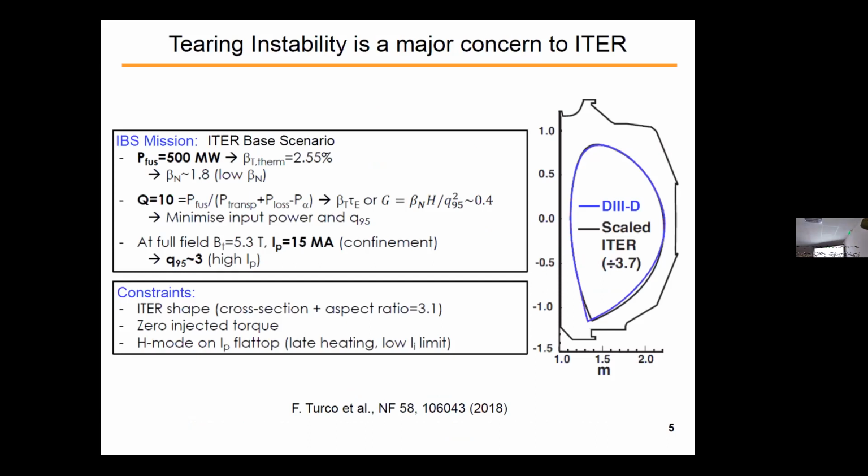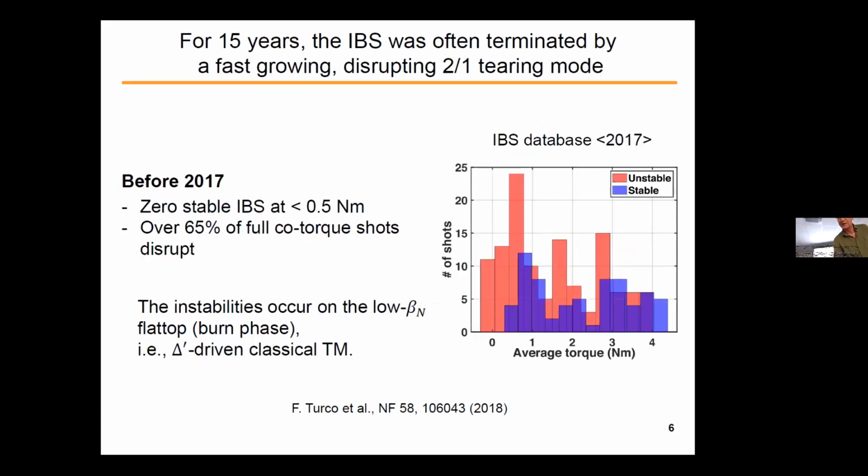And tearing instability is not just of academic interest. Based on these studies, a few years ago, a scenario basically scaled down non-dimensionally similar to ITER-based scenario was run. And based on these studies, the tearing mode is a serious threat, in particular when there is no external torque to the plasma.